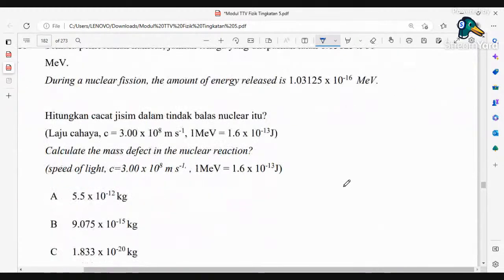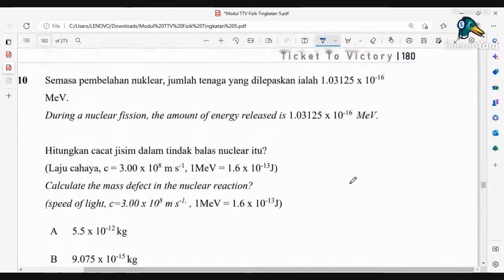Okay, number 10. During a nuclear fission, the amount of energy released is given in MeV, mega electron volt. Calculate the mass defect in the nuclear reaction. Okay, so use the formula E equals mc squared.